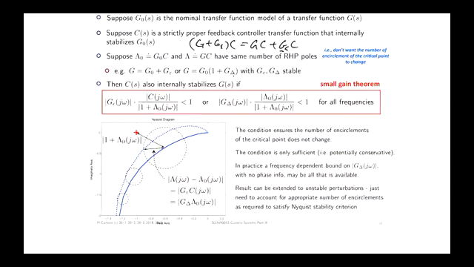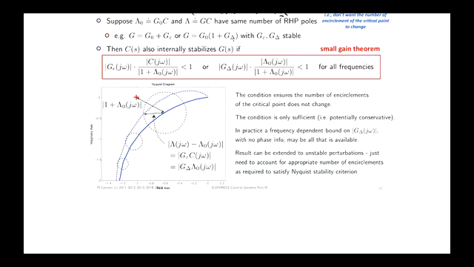Now, we're going to have the same number of encirclements if we can make sure that this vector here, which is really the difference between the perturbed open loop transfer function and lambda naught. Remember, that's a little vector to lambda naught at a frequency. This is a little vector to lambda at the same frequency. So this little vector is the difference between the two, and we're looking at the same frequency.